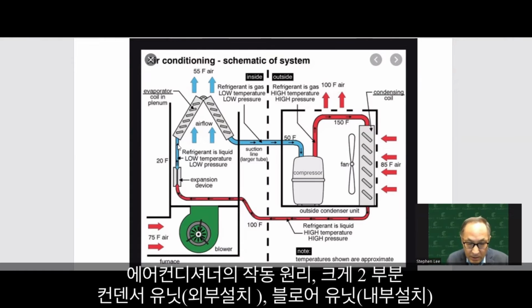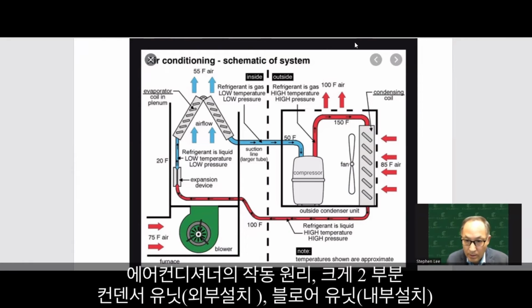Then it goes through this evaporator unit, and through this the air becomes very cold. There's a blower here, right? So cool air blows out to the entire house.